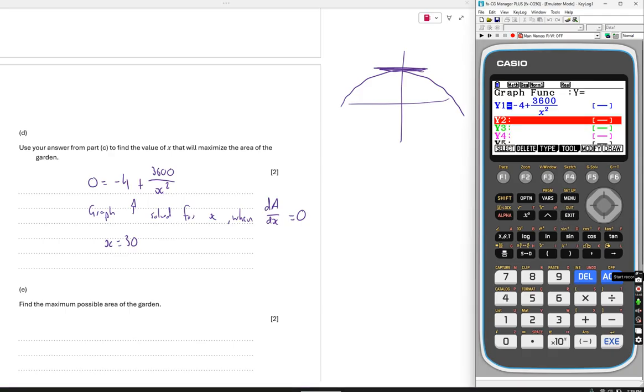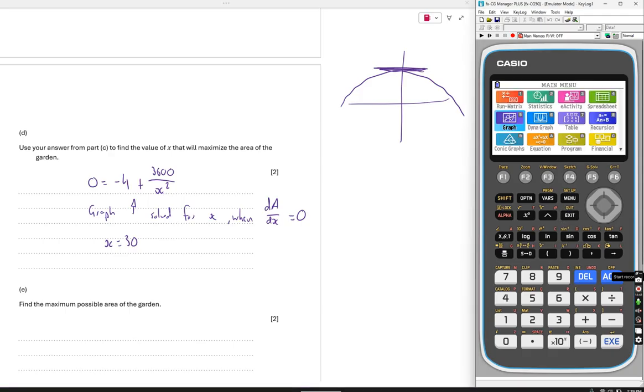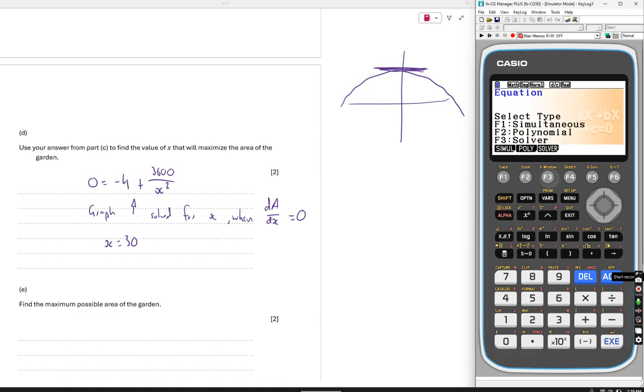Another way that you could do this, so I'm trying to show you multiple ways of doing this, is equation solver. Let's do 0 equals negative 4 plus 3,600 over x squared. Let's solve this, and you can see we also get x equals 30 up there. So there are a few different ways of doing this.